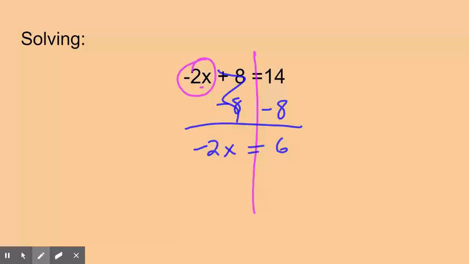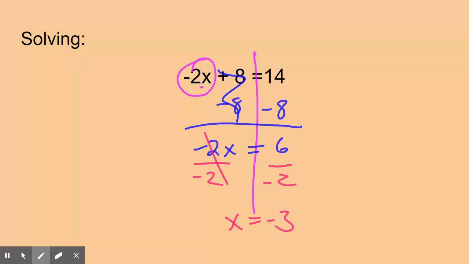Now, I'm not done. x is not by itself. But this now looks like a one-step problem. I see multiplication, so the opposite is to divide. I'll divide by -2, so I would have x equals -3.